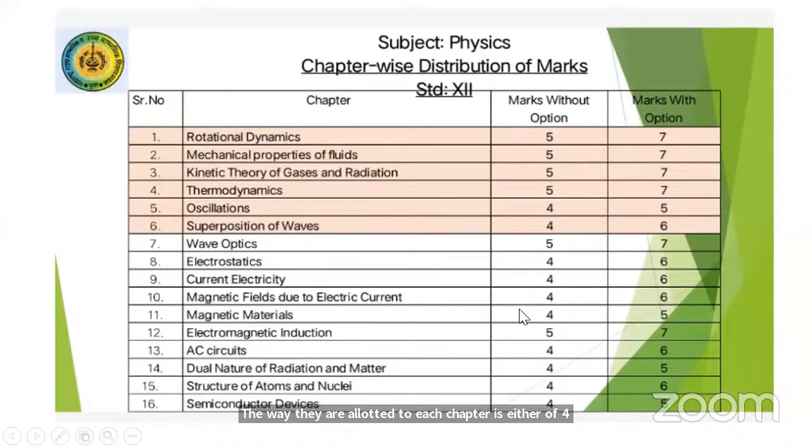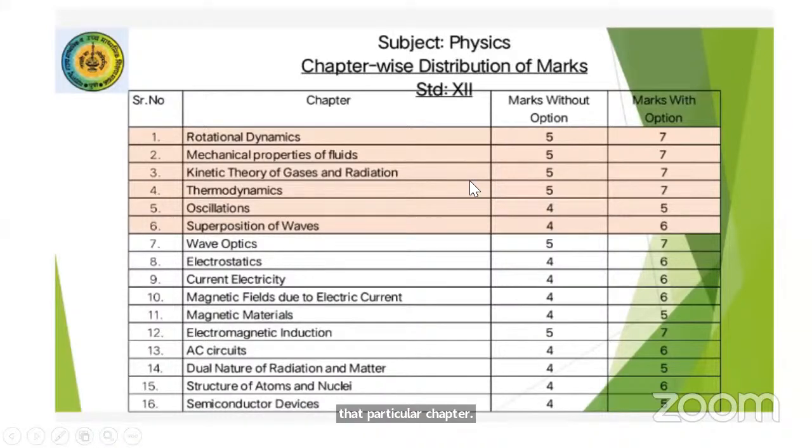Depending upon the content covered in a particular chapter, you can decide how much time you want to spend preparing it and how comfortable you are with the concepts included in it.